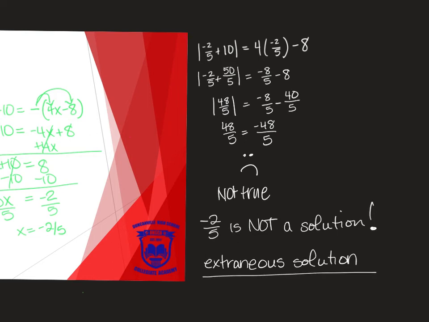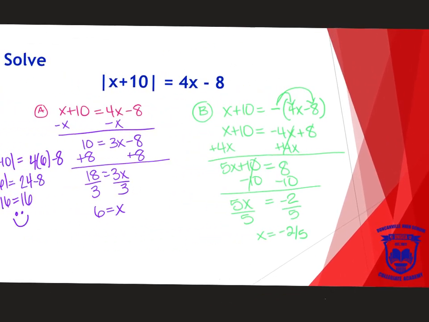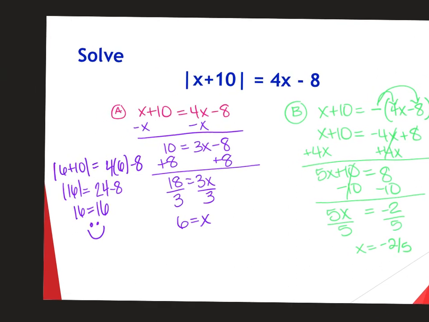An extraneous solution is where you have an answer that looks like an answer, but when you go back and put it into your original problem, it does not work. So in the end, my answer to this equation is simply going to be 6 is equal to x.